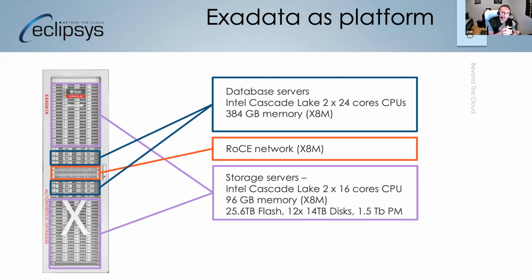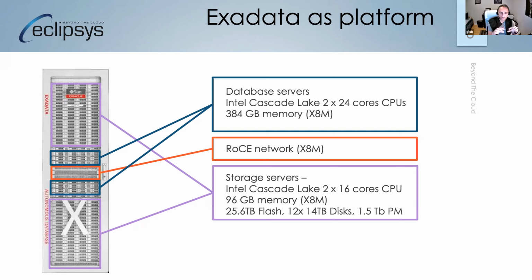It is connected to the storage layer, and the storage layer is the same Intel Cascade Lake, 2 socket servers, but with 16 core CPUs and 96 gigabytes of memory. What it has in comparison with database servers is a lot of disks and flash.